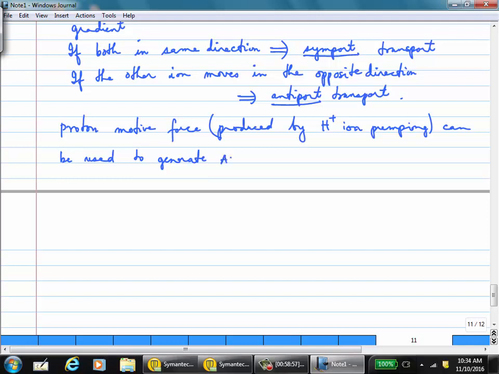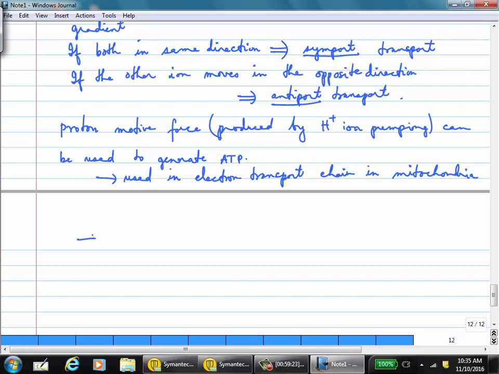And we will see examples of that in the chapter on photosynthesis, and also when I talk about respiration later, in the mitochondria. So this is used in what is called the electron transport chain in mitochondria. Also, you'll see that during photosynthesis in chloroplasts.